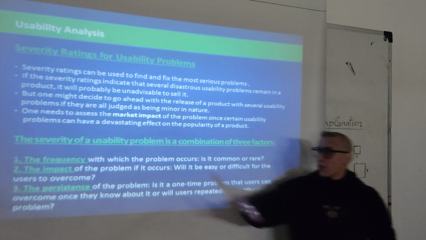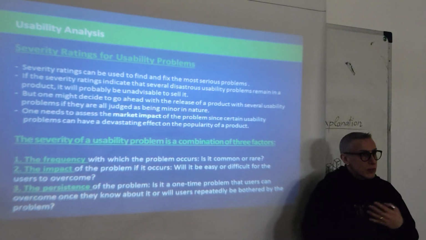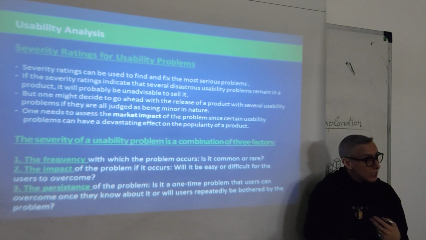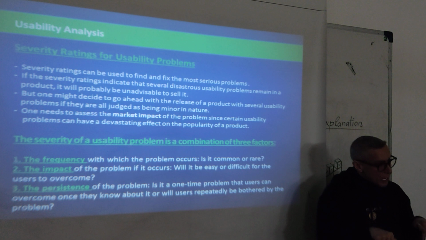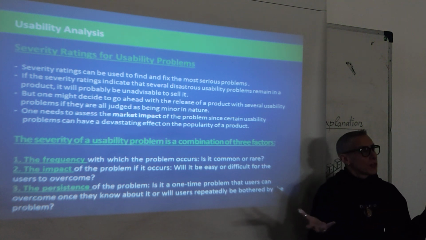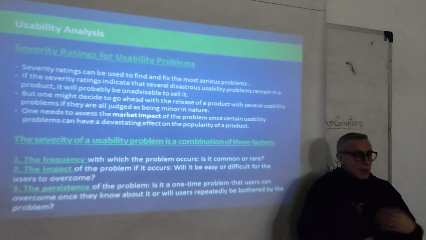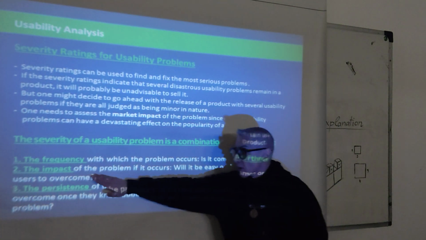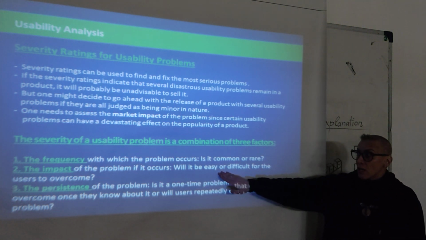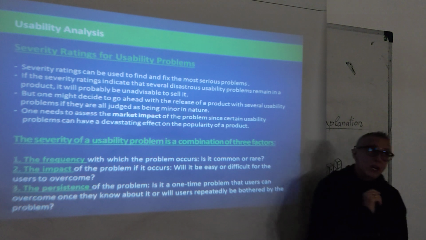Like the frequency, how frequently a certain problem keeps happening. Okay? The impact: if the problem happens, what is the impact? What will happen if, for example, I made a mistake? What is the impact of the problem? Will it be difficult for the user to overcome or not?